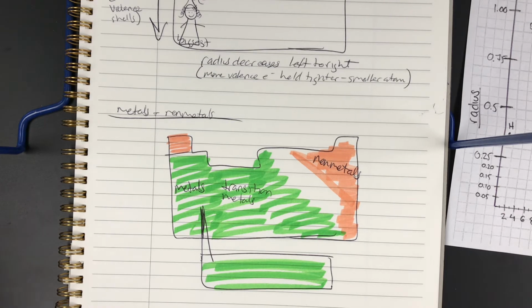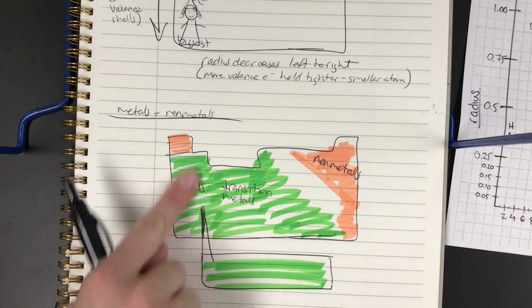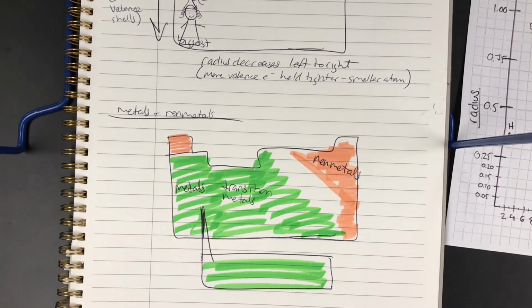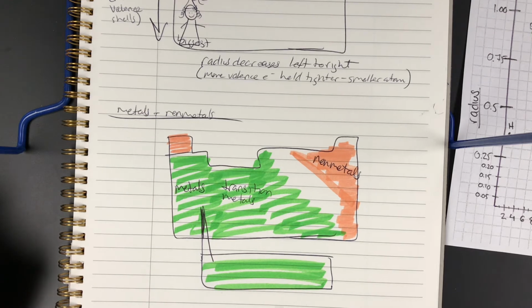They tend to be good conductors. You'll notice that copper is there. We use copper for a lot of conducting sorts of things. They tend to be shiny, not as reactive as some of the metals over here, and more stable.